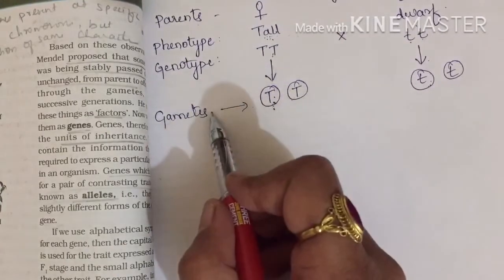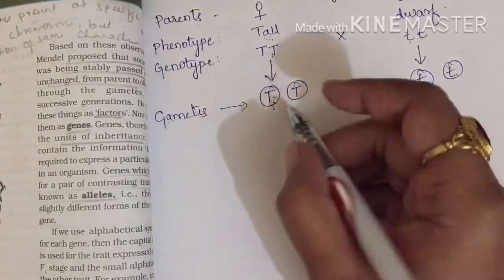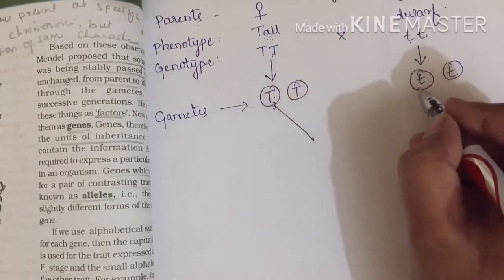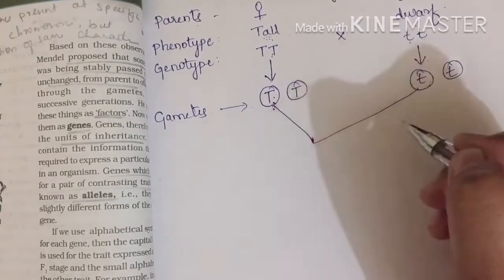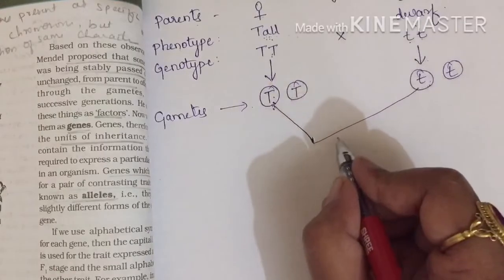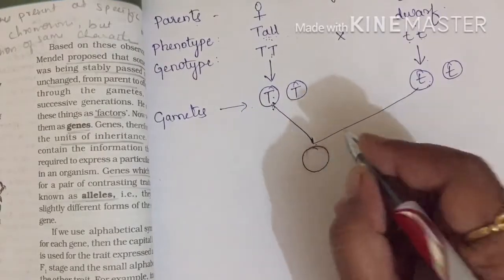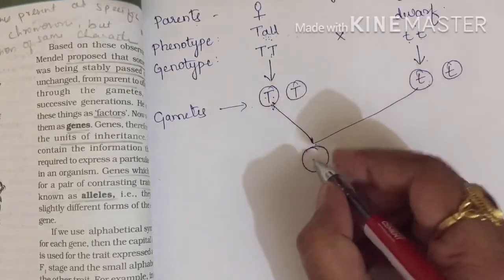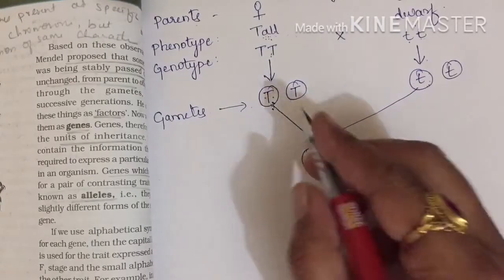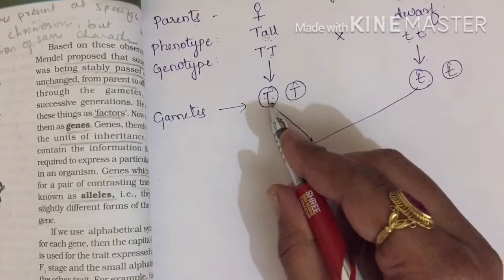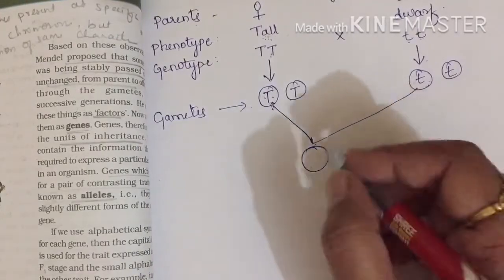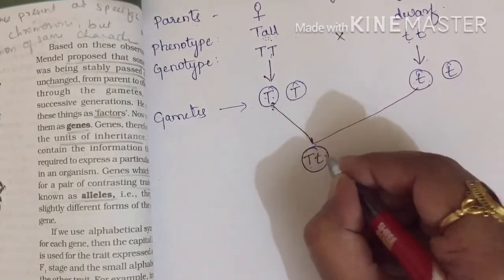After formation of gametes, what will we find? There will be fertilization. I will take only one egg and one pollen grain. This we call fertilization. After fertilization, what will happen? A zygote is formed. Now what will that zygote carry? The zygote is diploid, so one gene from here and one gene from here, that is capital T, small t.